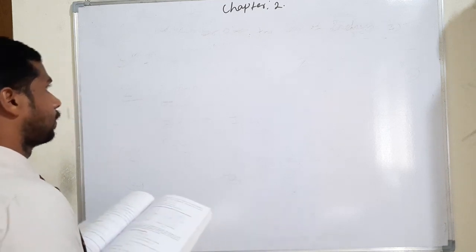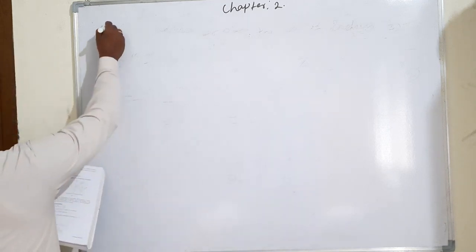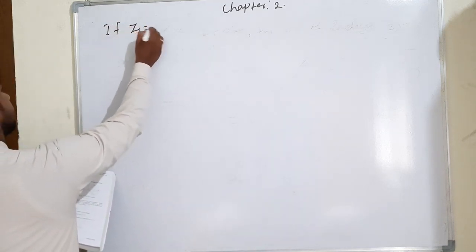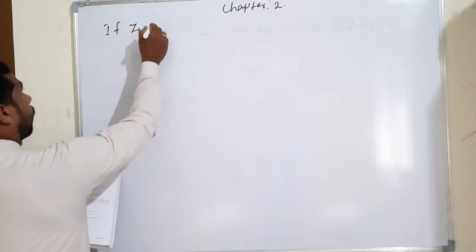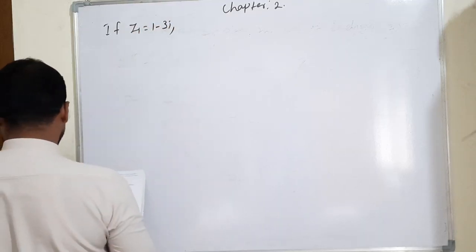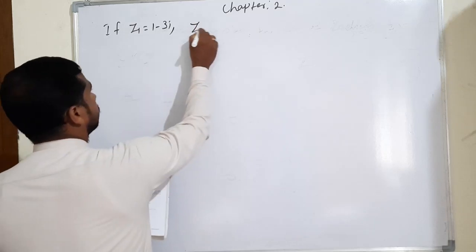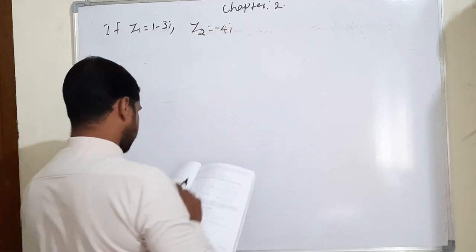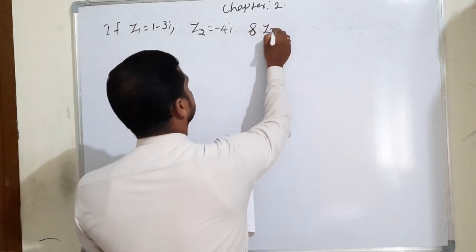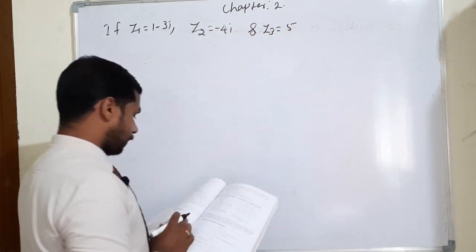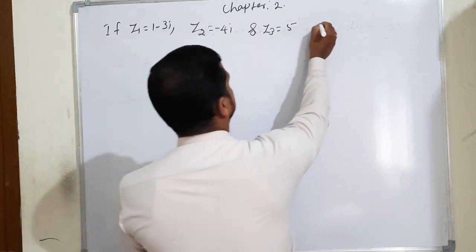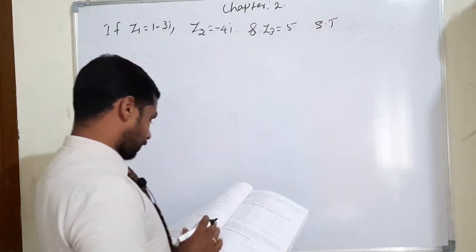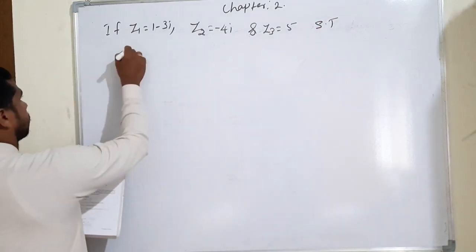If Z1 is equal to 1 minus 3i, Z2 is equal to minus 4i, and Z3 is equal to 5, show that there are two subdivisions.